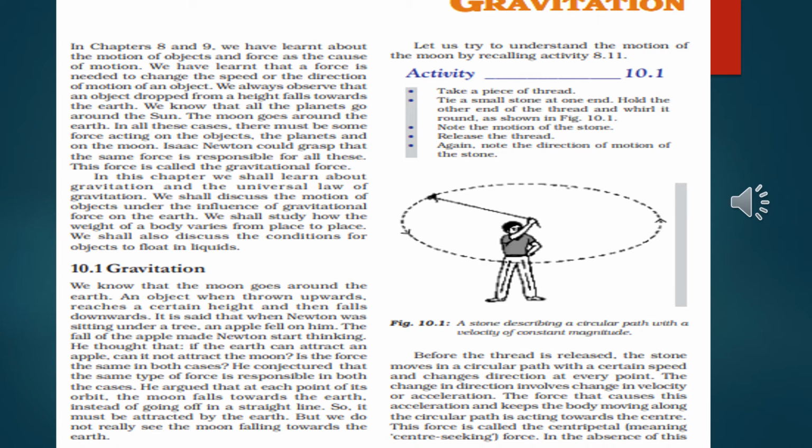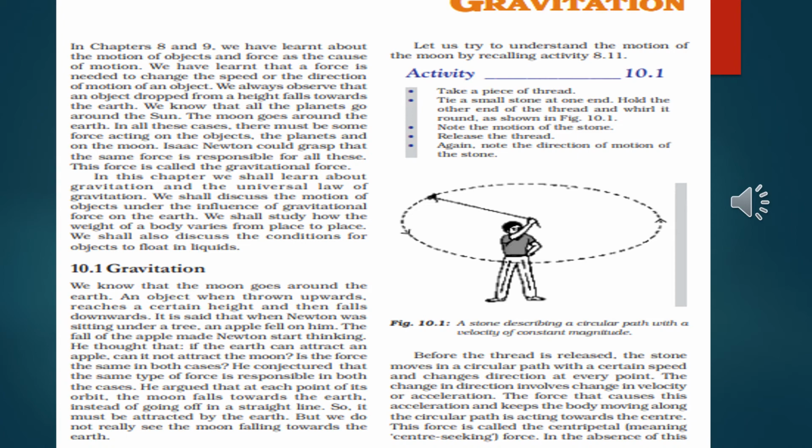The force that causes this acceleration and keeps the body moving is acting towards the center, and this force is called centripetal, meaning center seeking force. In the absence of this force, the stone flies off along a straight line like a tangent. The straight line will be called the tangent of the circular path.